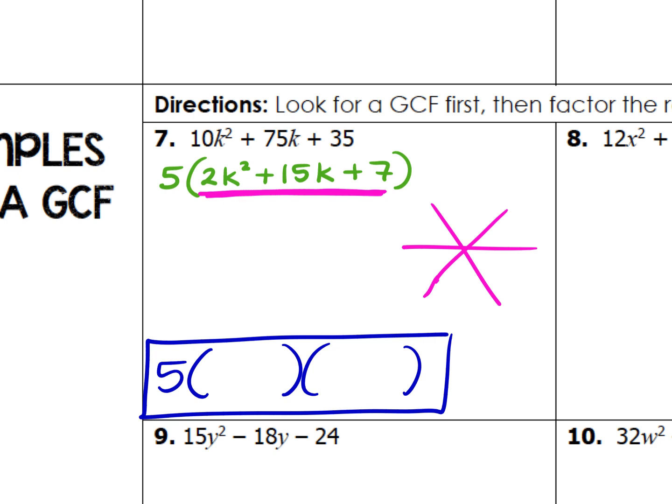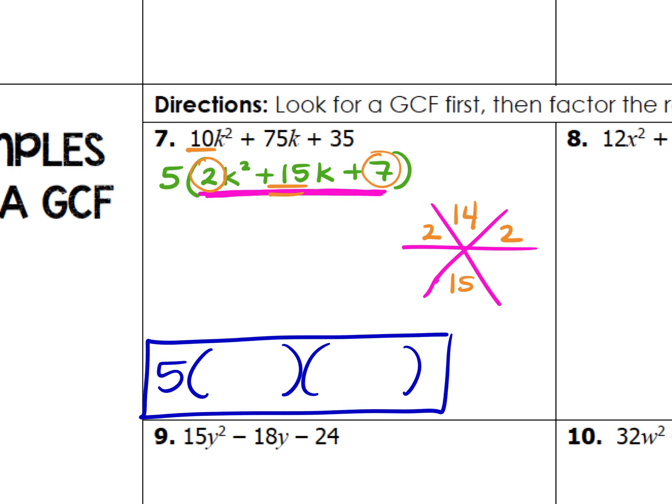What's going to go up top on my star? A 14. 2 times 7 is 14. Your A term now is a 2. Don't put the 10 there, right? That's my old A term. I want the newer A term. So that's a 2. And then my B term is the 15.